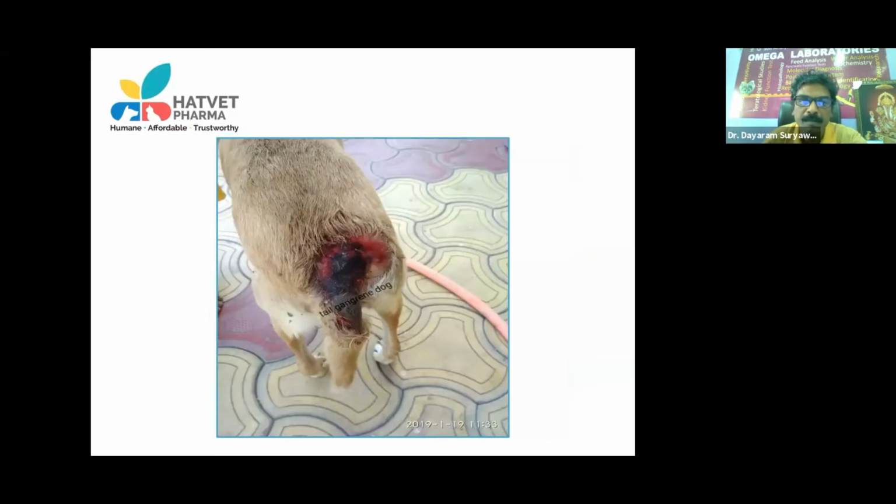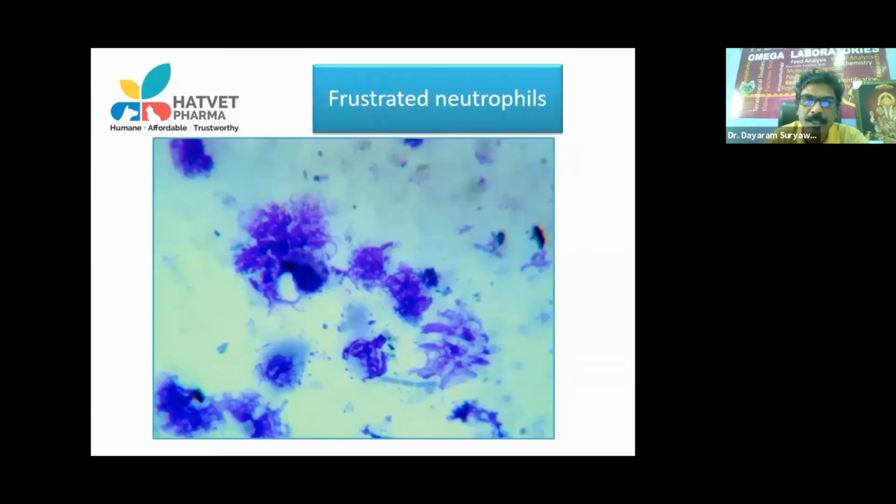Now here again, one case of tail gangrene, with severe pus formation, abscess formation, and severe inflammation at the tail of the dog. In that case, this cytology is again showing the same type of frustrated neutrophils. You can see a large number of them. They lost their segmentation.